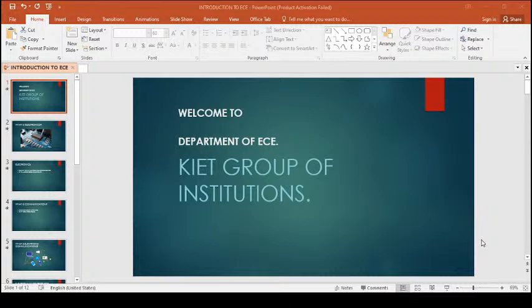I think the foundation for ECE has been laid in your intermediate physics with the help of semiconductor and electromagnetic concepts. So what is electronics? Electronics is nothing but the study of the flow of electrons in a semiconductor device. So what are the semiconductor devices? PN junction diodes and transistors are all semiconductor devices.